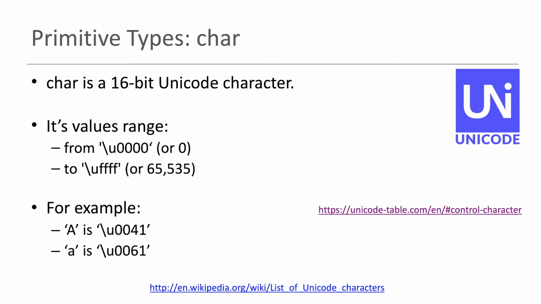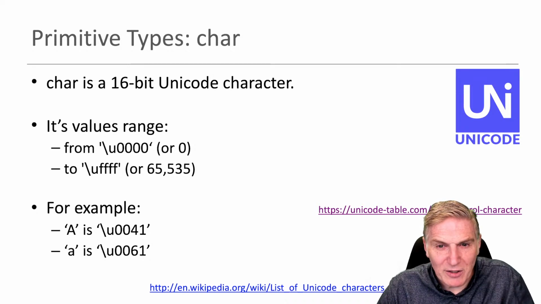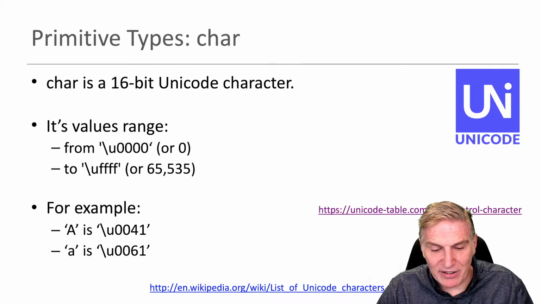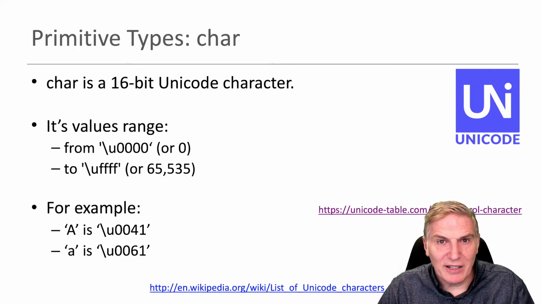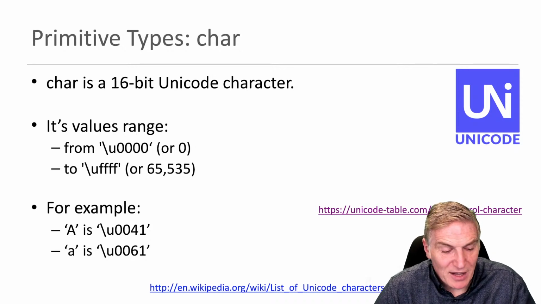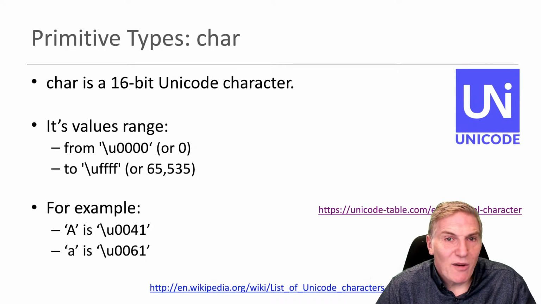Now, in the old days in computing, we used to have something called the ASCII character set. And that was grand if you were in Western Europe or in America. You could store all the symbols that you wanted to put on the computer. But computers are used the world over. So what happens when you want to represent the Chinese alphabet system or the Indian alphabet system, or accented E's and F's and so on?